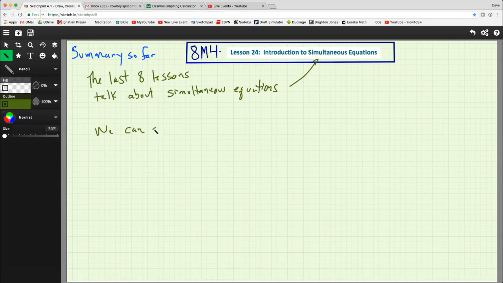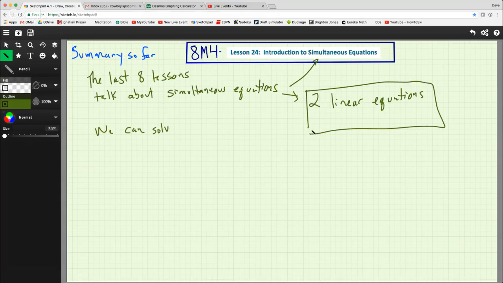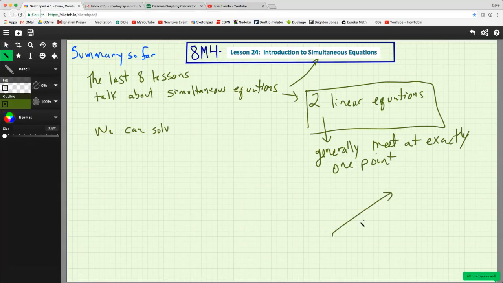We can solve them, and simultaneous equations are 2 linear equations. They generally meet at exactly 1 point, right? Two lines generally meet in one and only one point.